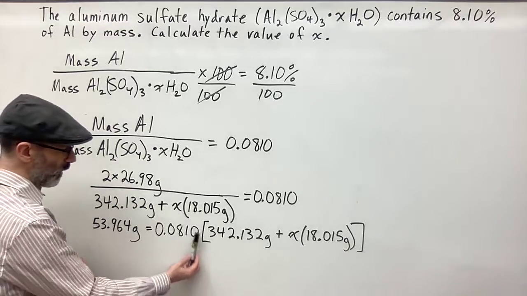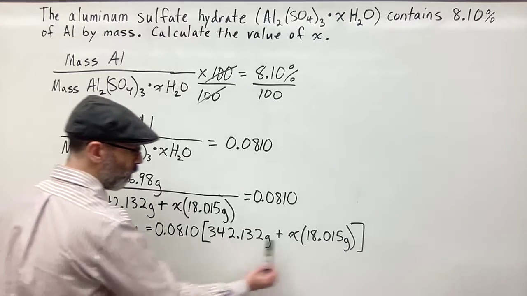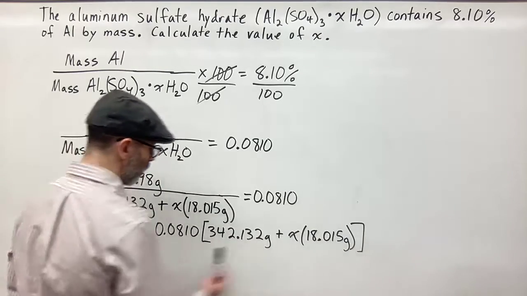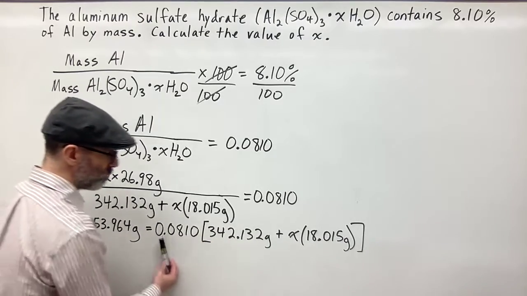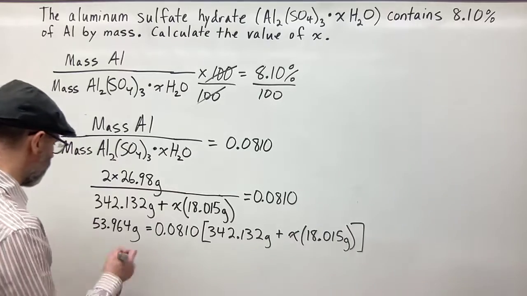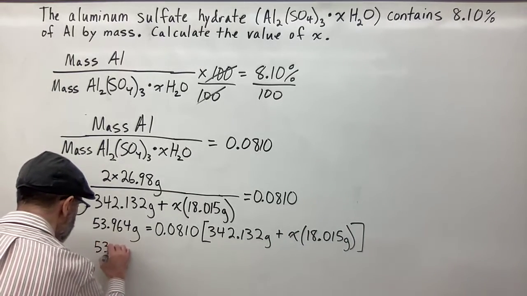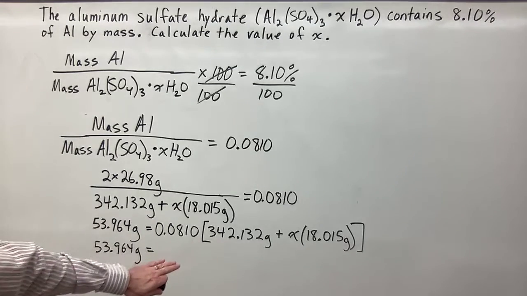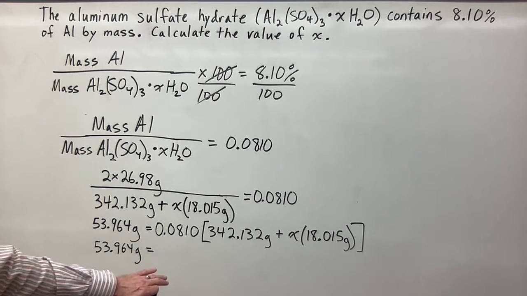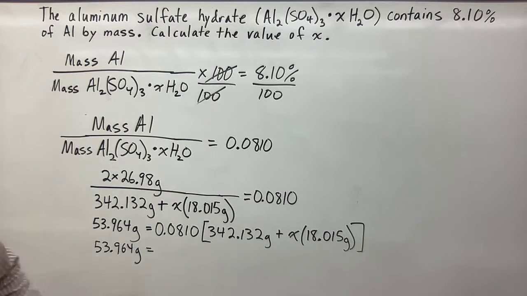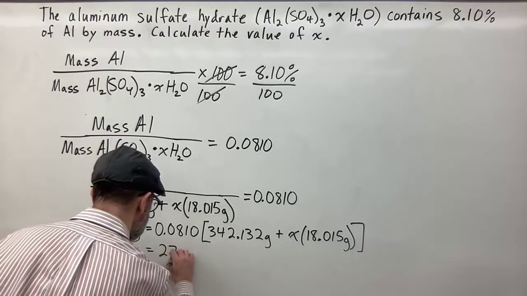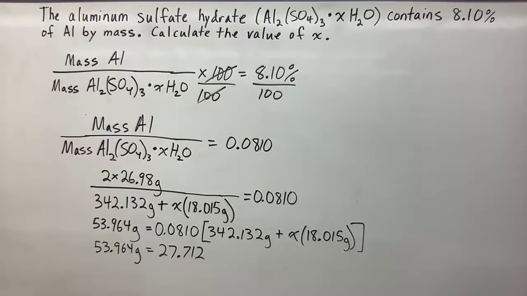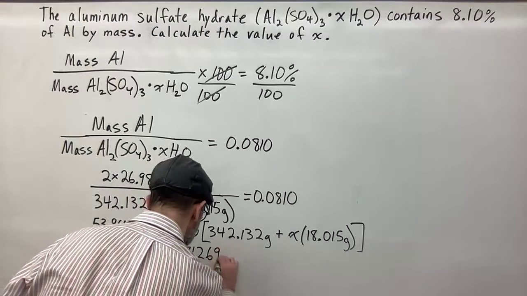So next I just have to multiply this out to both of these terms here. I'm going to multiply this by this and then this by this. And when I do that, I'm going to get 53.964 grams is equal to 27.71269 grams.